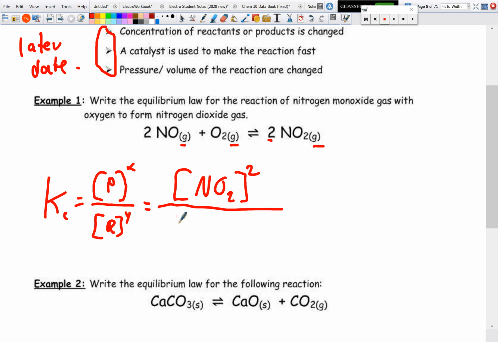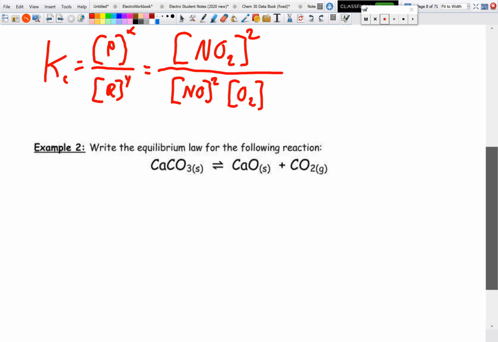Over, we have two reactants, so we're going to get NO gas at the bottom, and the concentration of O2 gas. And of course, the molar coefficients need to go in front, so the concentration of NO is going to be squared, and for oxygen, it's just 1. And that is it. That is writing the equilibrium law. Now we don't have any numbers to actually put in, but that's fine. Let's move on to the next one.